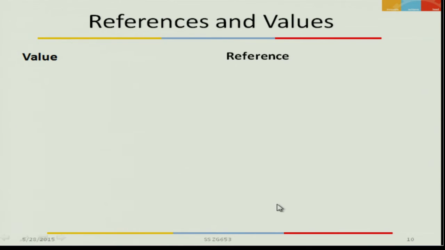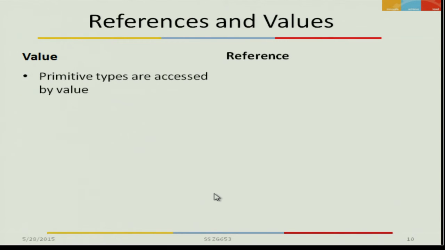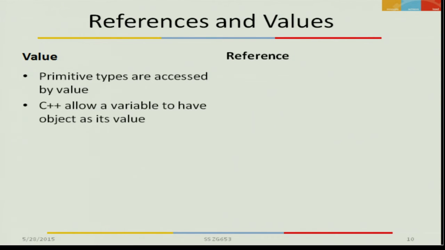Let's look at values and references, a very important concept in object-oriented programming. Primitive types are typically accessed by value. For example, C++ allows a variable to have an object as its value. That's not the case in Java, though. Java does not allow a variable to have an object as its value, but C++ does.